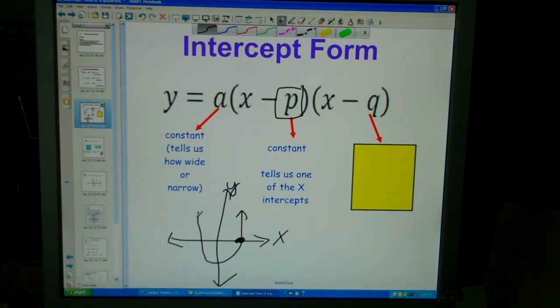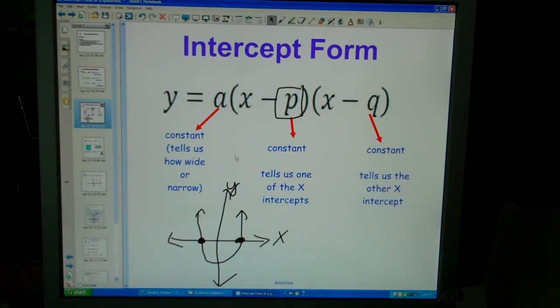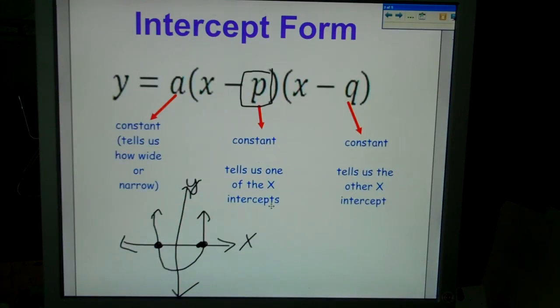I'll just make them fatter. All right, there it is. There's my parabola. How many places does that parabola hit the x-axis? It hits it twice. Okay, so I need 2 numbers. So if P tells me one of the x-intercepts, what do you think Q is going to tell me? It's going to tell me the other one. Okay, because I have to have 2 intercepts. All right, you ready? Please have that picture down. I know it's fancy.